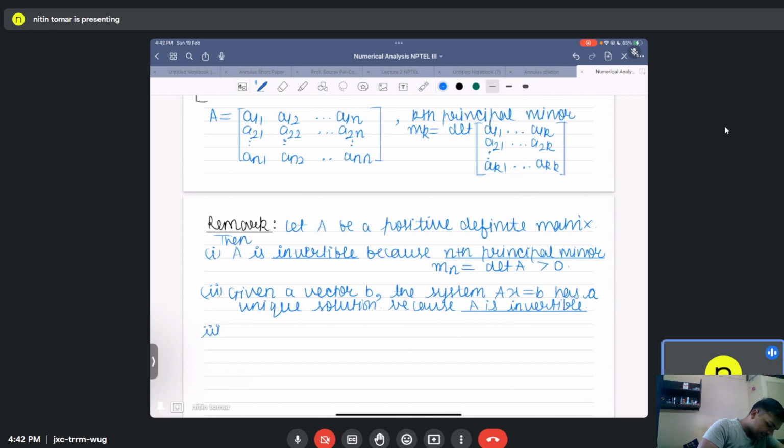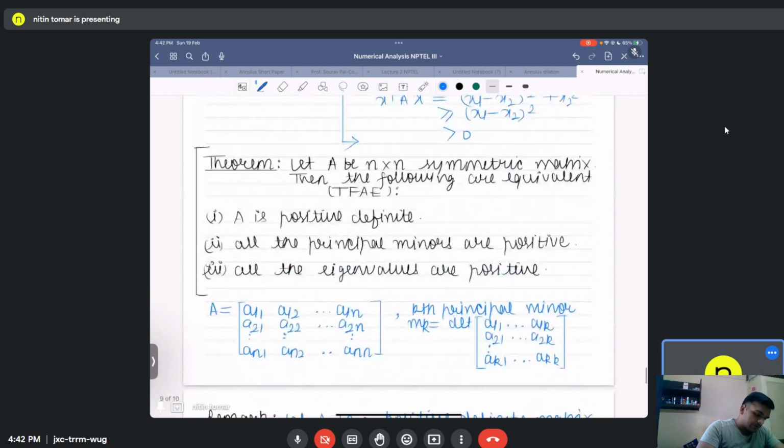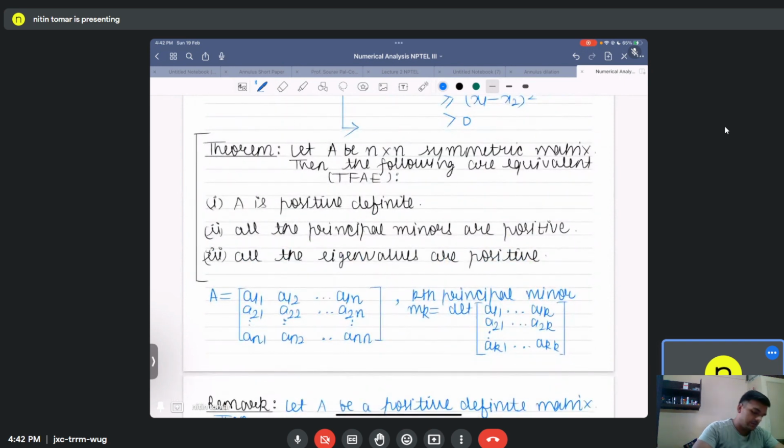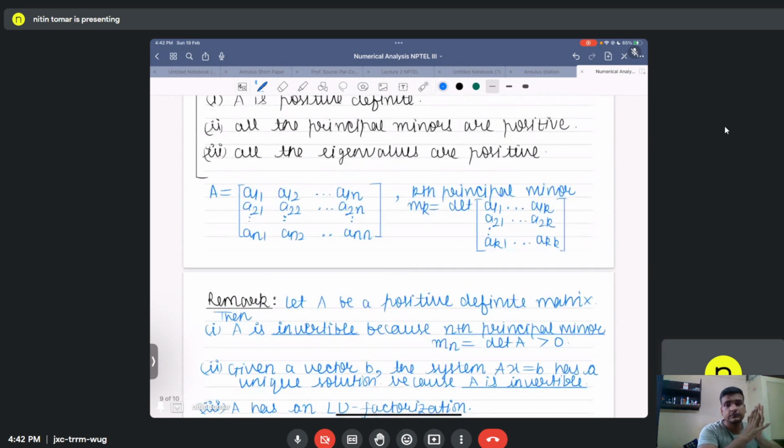Now, can I say that A has an LU factorization? First, all the minors need to be non-zero, and then only can we say LU factorization.